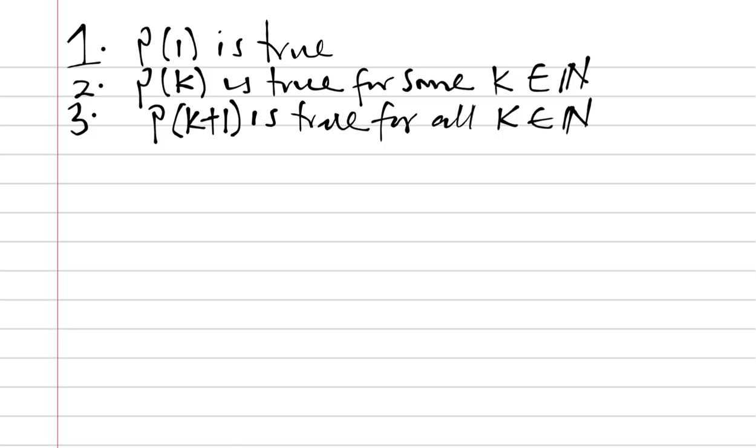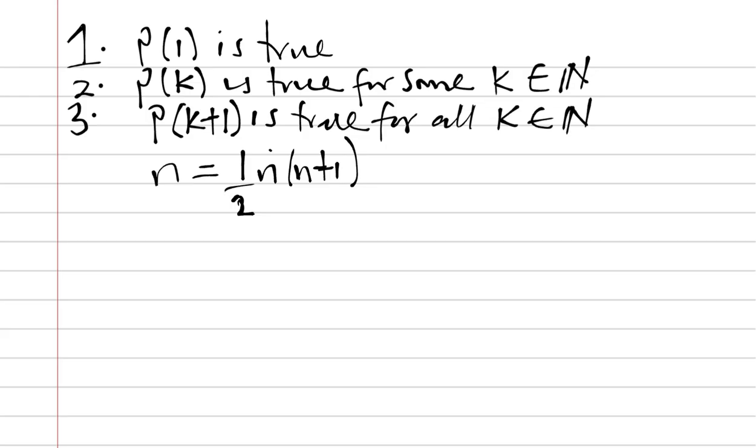I want to prove that the sum up to n is equal to 1 over 2 multiplied by n into n plus 1, and that it is mathematically true.